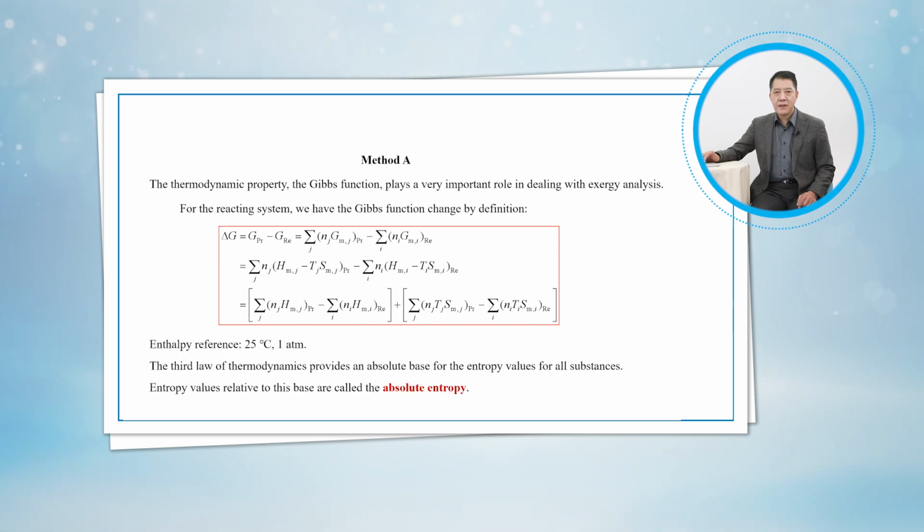For the reacting system, we have the changes in Gibbs function by definition as shown by equation 1366. The change in Gibbs function is simply the difference between the Gibbs function of the reactants and that of the products.